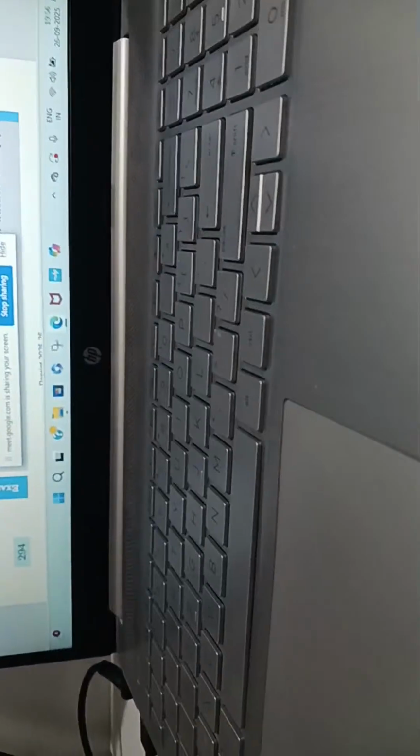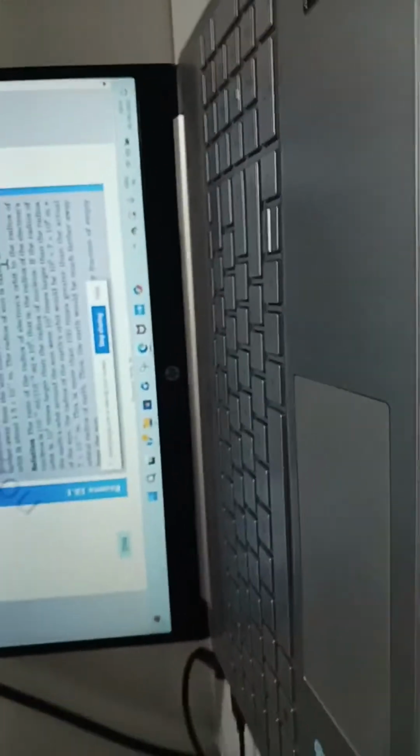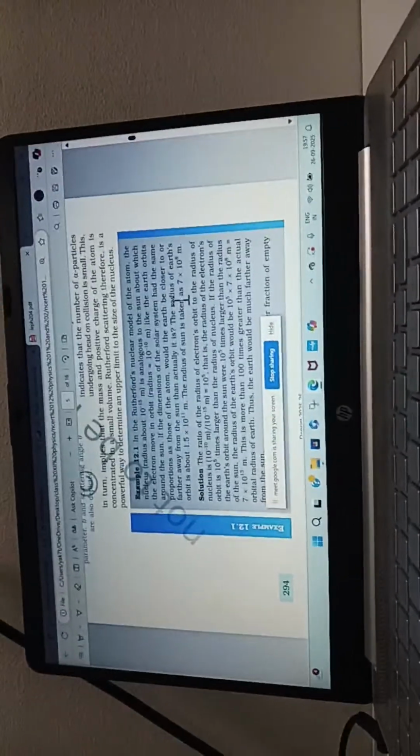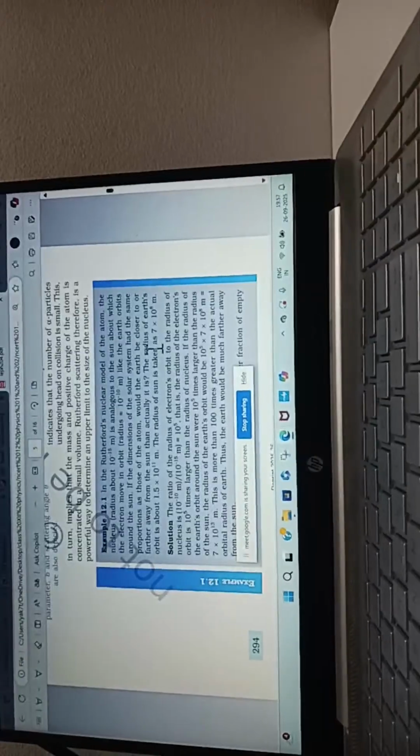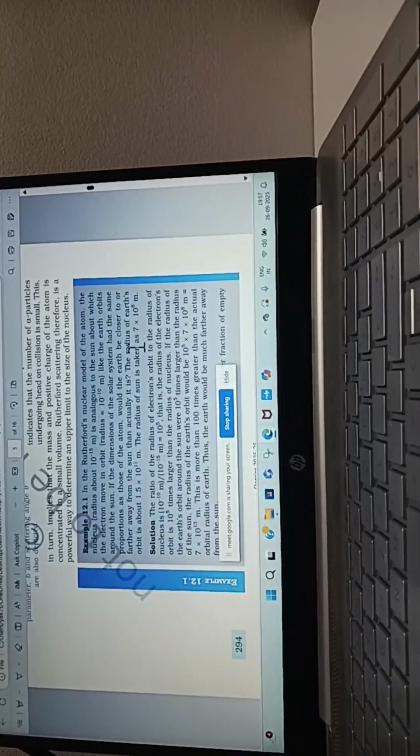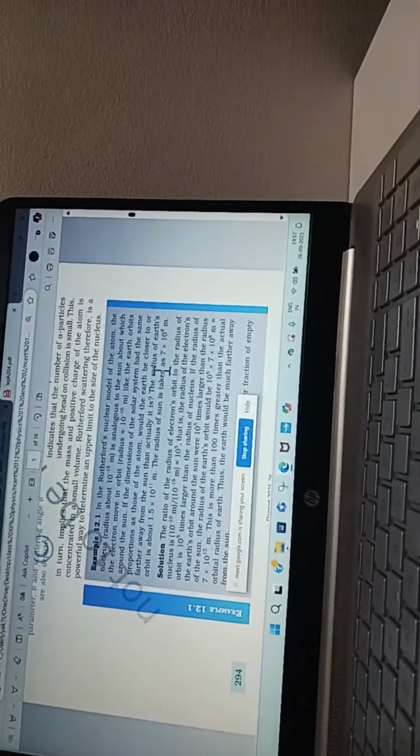Yesterday what I taught, yes. Sir, it's clear. What is closest approach? The point nearest to the nucleus, like the alpha particle comes to a certain distance and it will retrace its path.